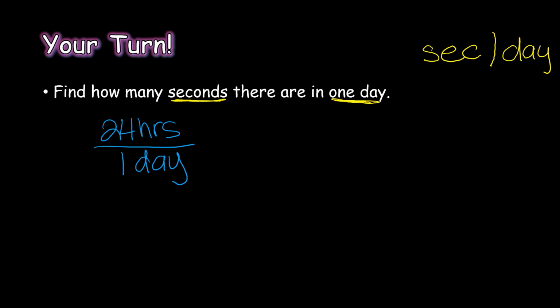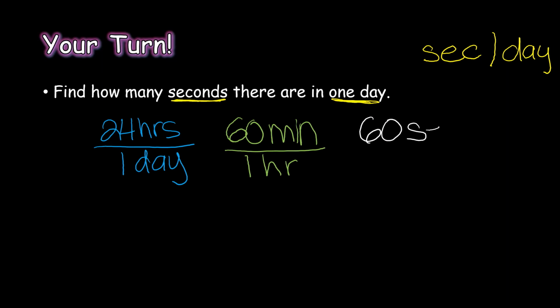Next up, we want to be able to cancel out our hours, so we need to figure out how many minutes there are in an hour. So we know that there are 60 minutes in 1 hour. And then we want to cross off our minutes, therefore we need to figure out how many seconds there are in a minute. So we know that there are 60 seconds in 1 minute.